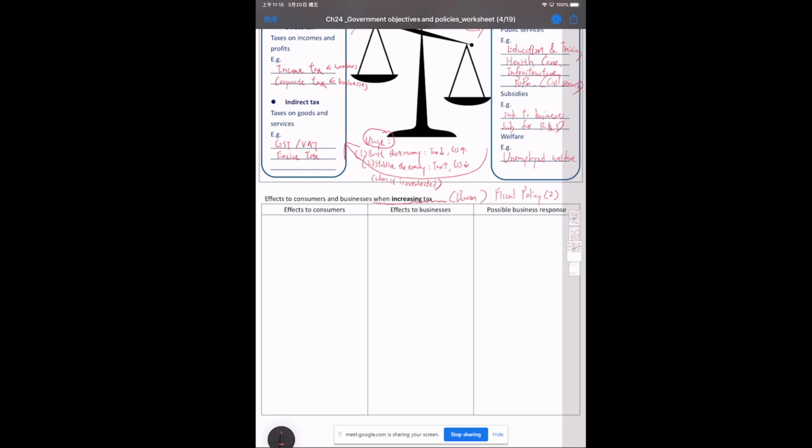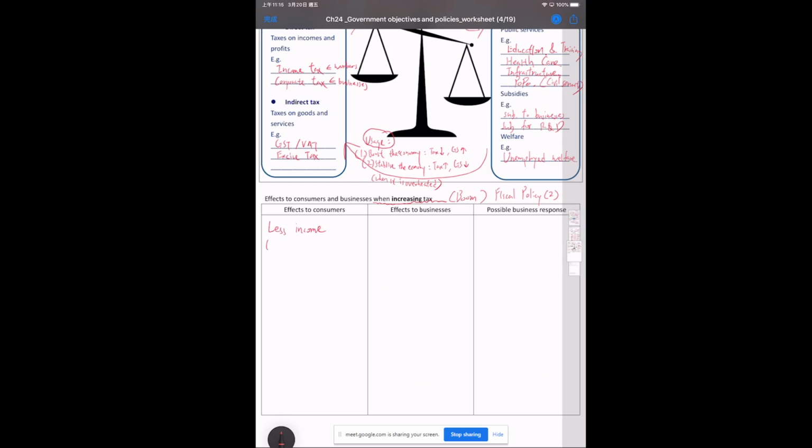So I'll just copy that from Jesse. See the effect: because of higher tax, there will be less income or disposable income.